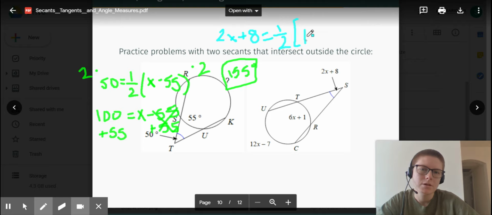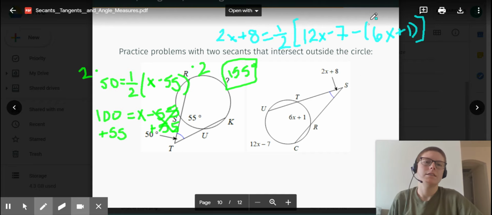So 12x minus 7 minus parentheses 6x plus 1, close parentheses, then close the bracket. And the reason I put the parentheses here is because we're subtracting, so we got to distribute that minus.